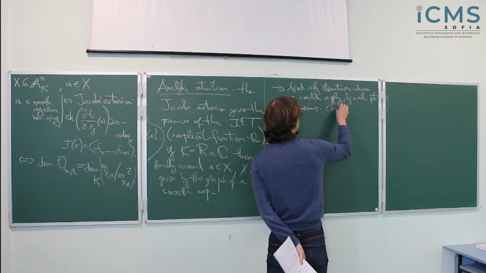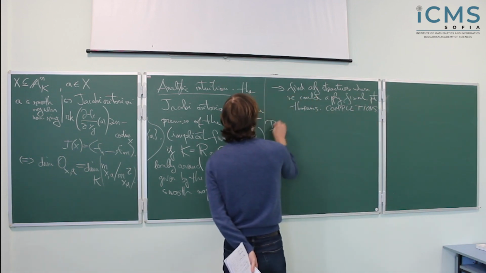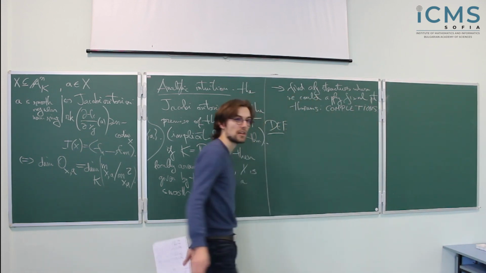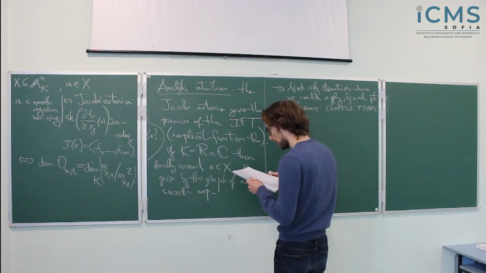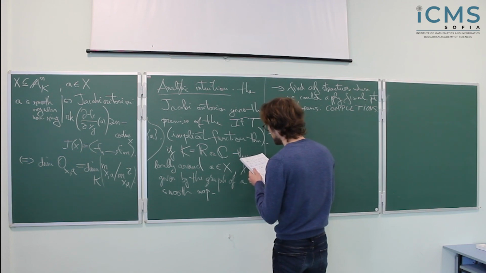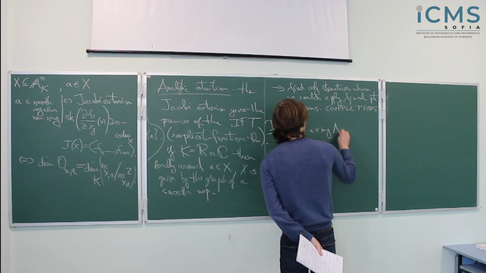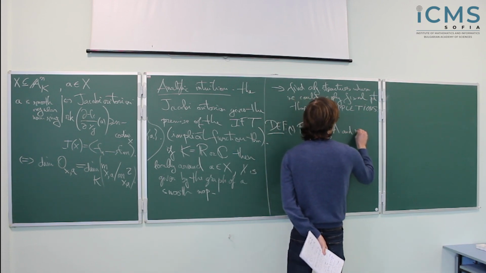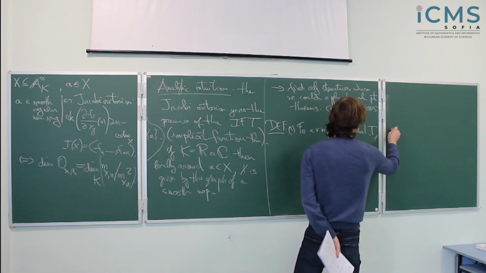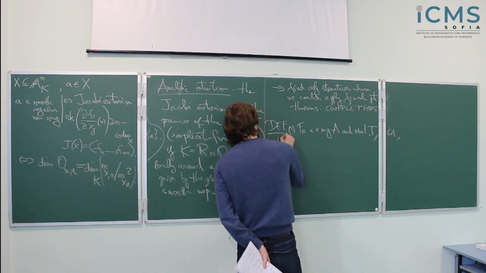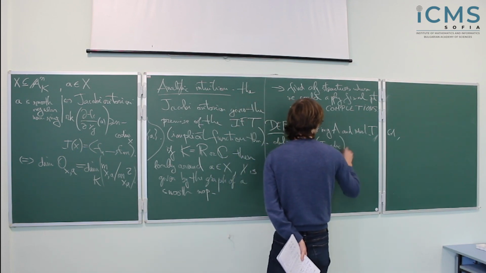This gave us completions. So let's talk a bit about completions. First, I'll give you the general definition. For a ring A and an ideal I of A, define the I-adic completion.